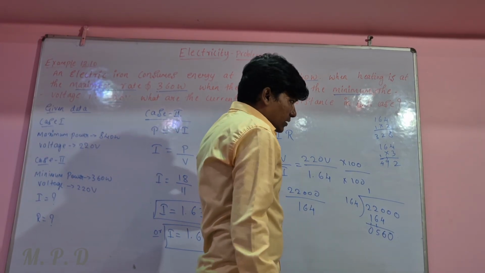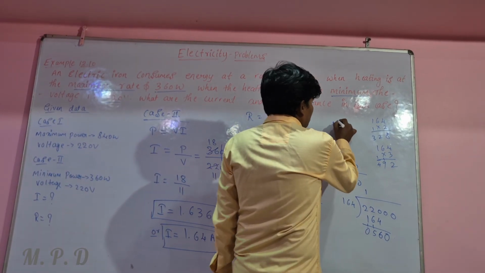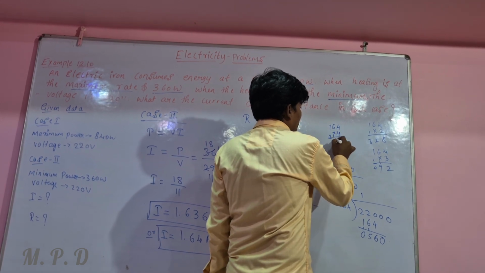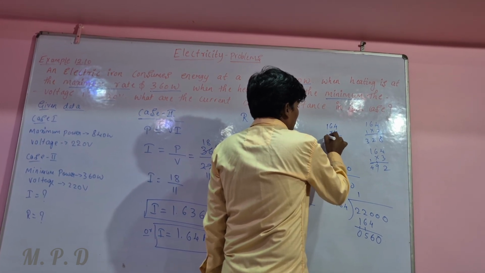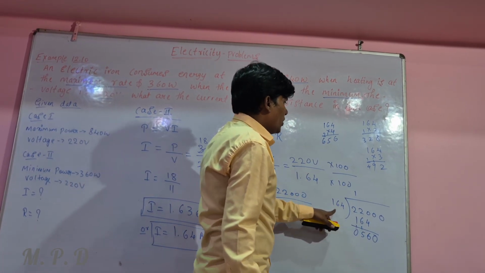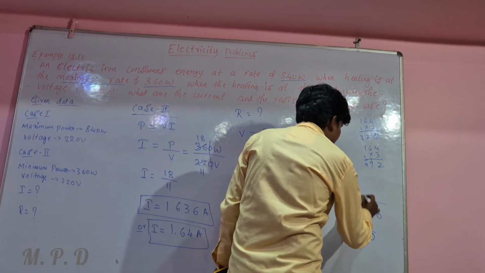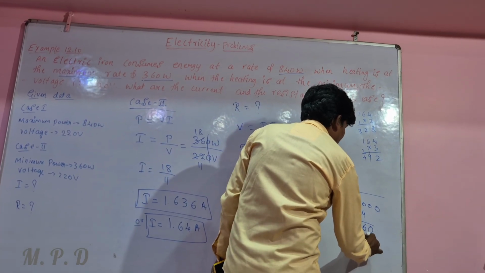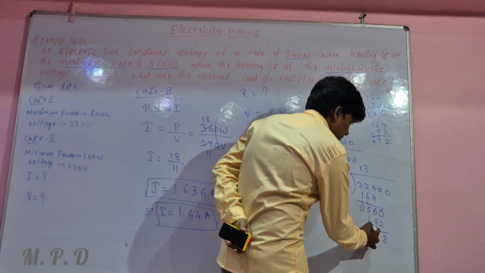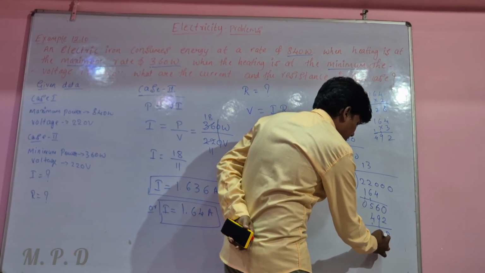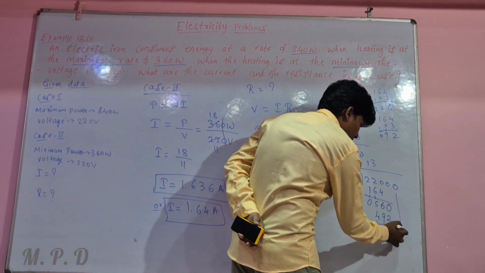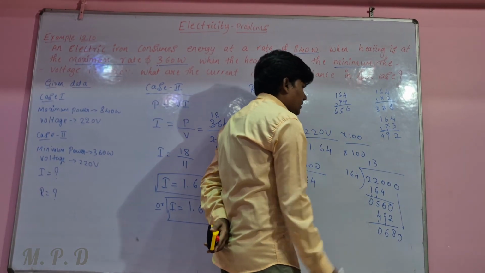Now we will take it as 4. 164 into 4 is 656. This is the more number. That's why we can take 164 3s are 492. Okay, 8, 6 and 0. Again we have taken this 0. It is 680.